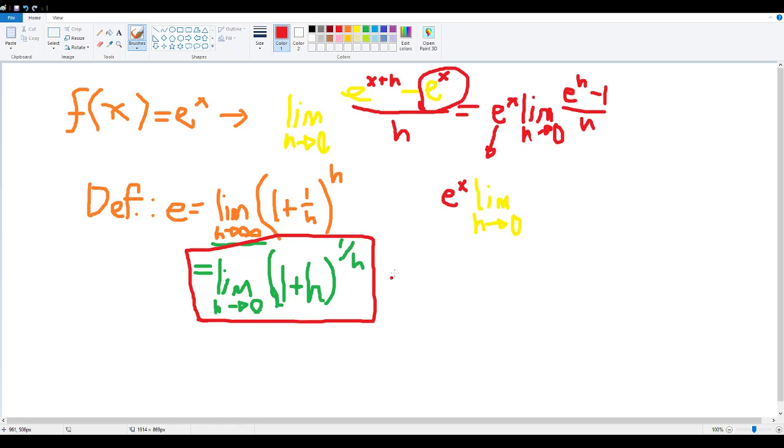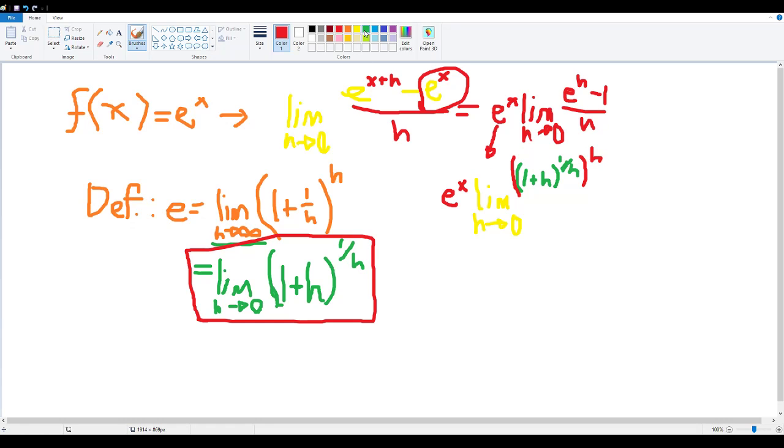Now, we need to substitute that in here. So we can write here now 1 plus h to the 1 over h, but we mustn't forget that this is all being raised to the h power, because obviously up here it's e to the h.